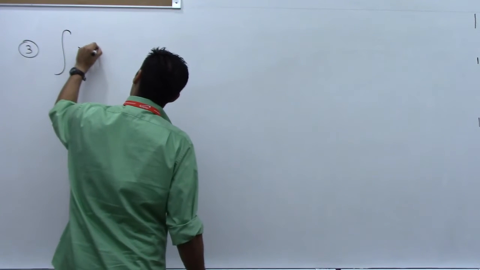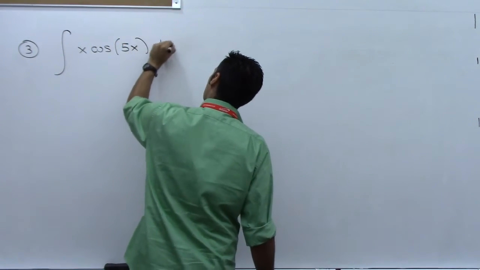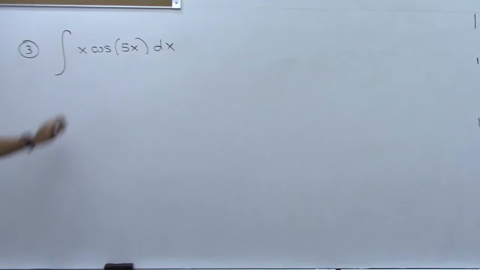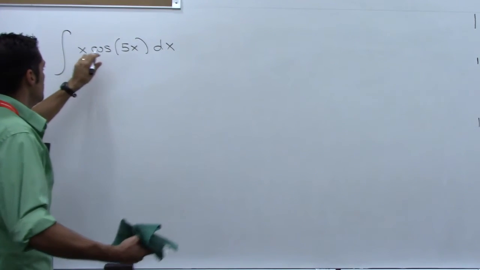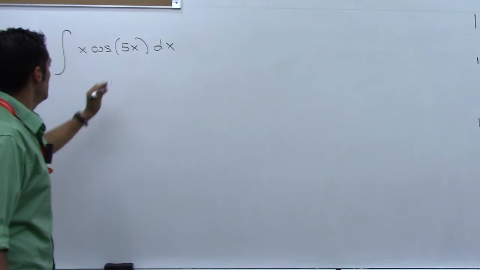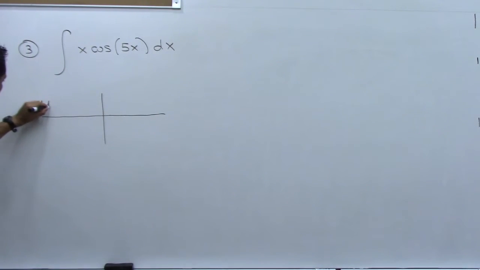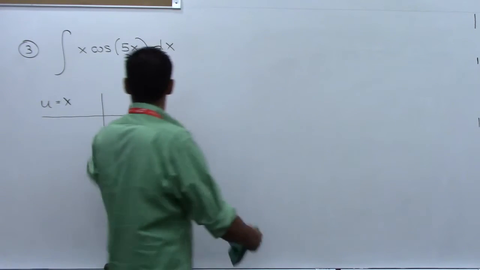All right, the integral of x cosine 5x dx. If we take the derivative of x, it's going to get better. It's going to become a 1, and then we can find the antiderivative of this. So I think that's a good choice. u is x. dv is everything else that appears.